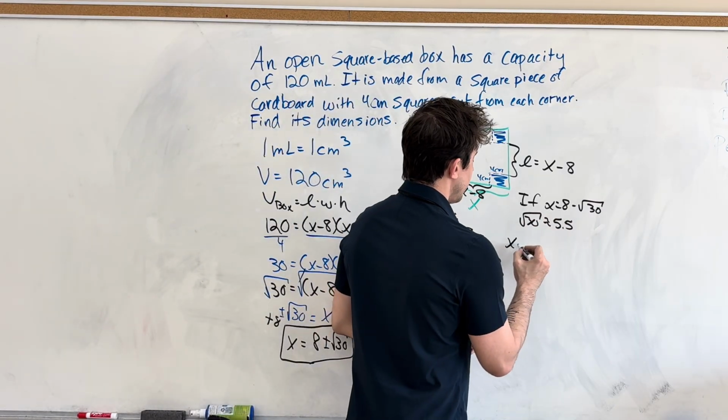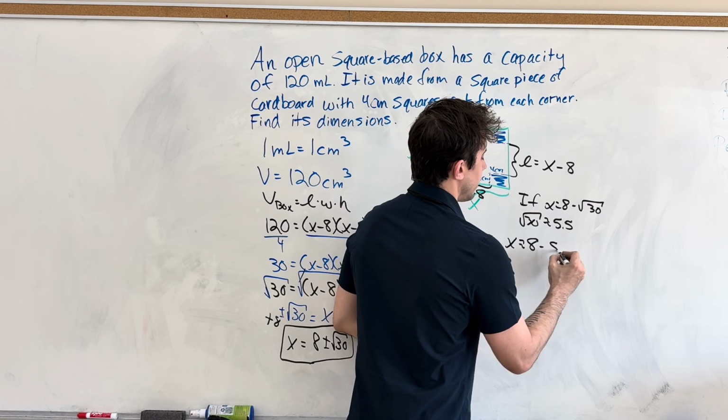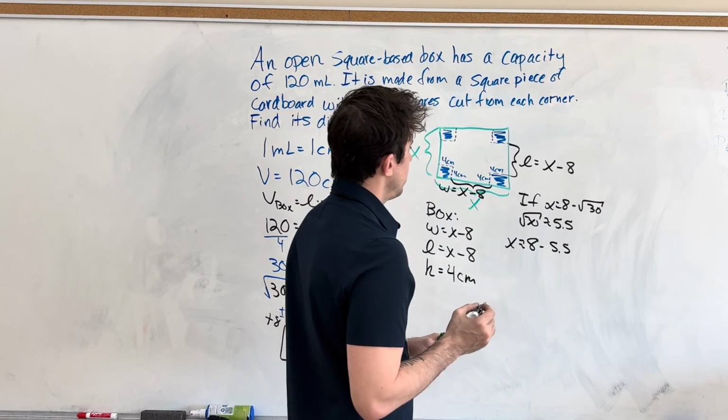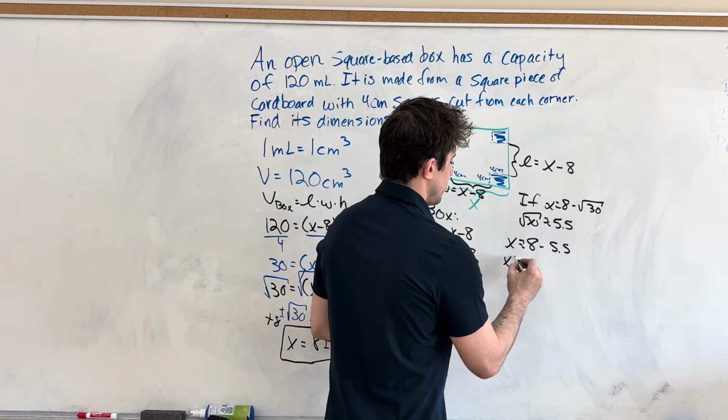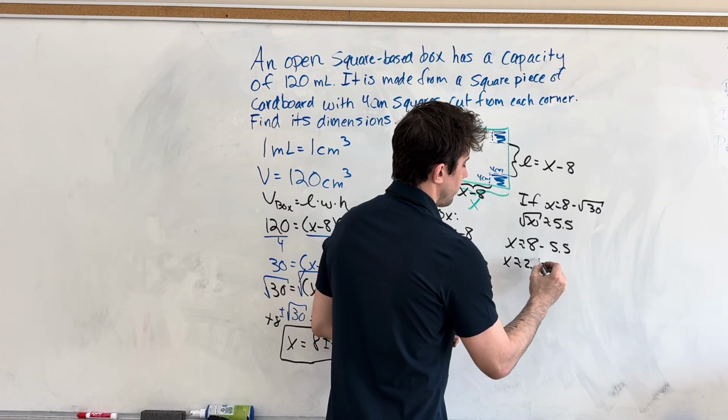And so that would mean that x would be roughly 8 minus 5.5, which would be roughly 2.5.